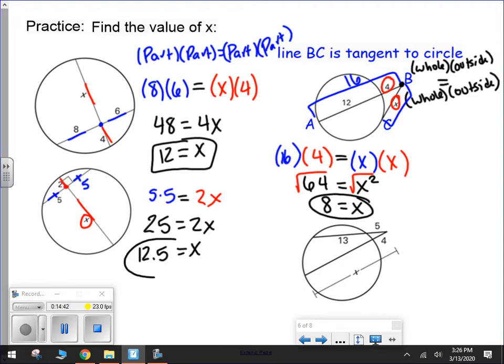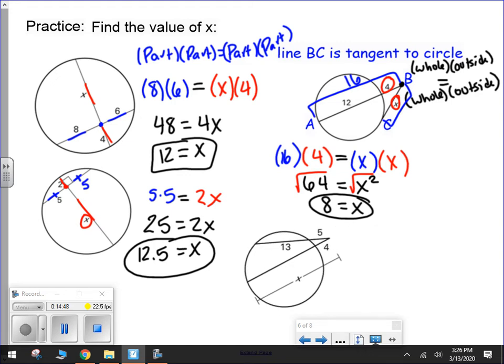My next problem, the vertex is on the outside. So I'm doing the whole times the outside equals the whole times the outside. So my whole for the first segment here is 18, and my outside is 5. So I'm going to do 18 times 5.